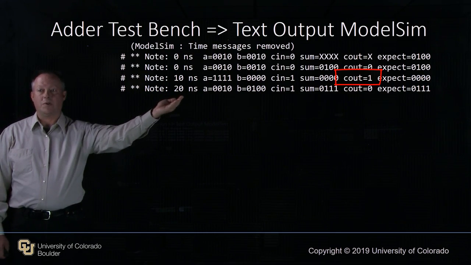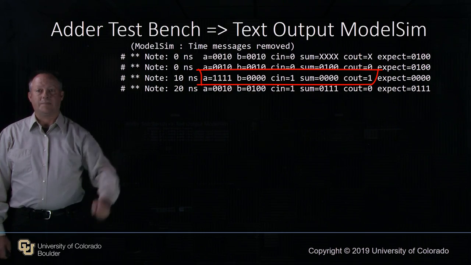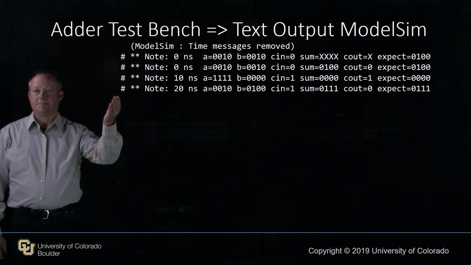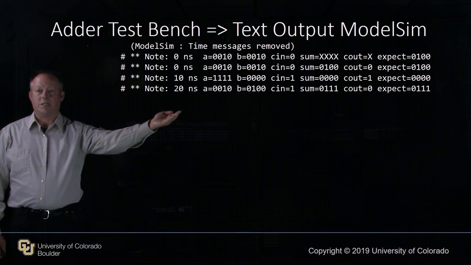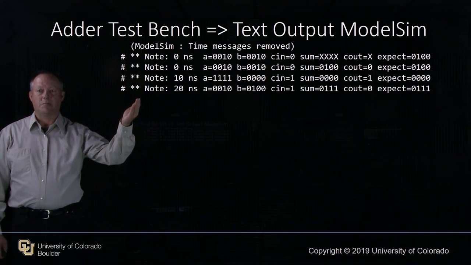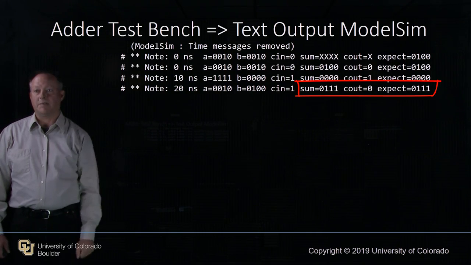So we've rolled over our 1111 and added a carry out. And our expected and our sum are equal. At the next time tick, 20 nanoseconds, we have 2 plus 4 plus a carry in of 1 gives us a sum resulting value of 7. And that matches exactly with our expected value of 7.